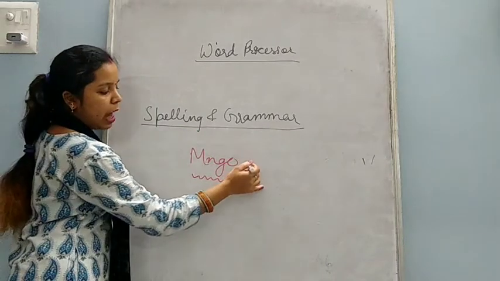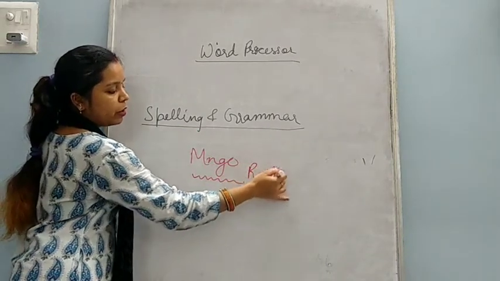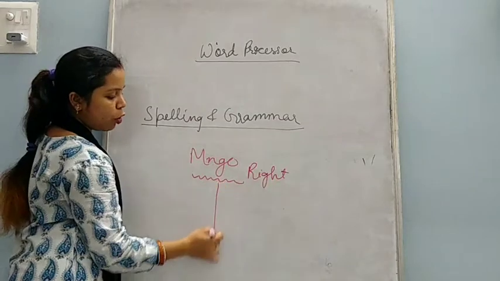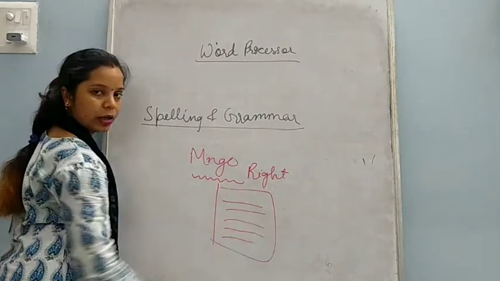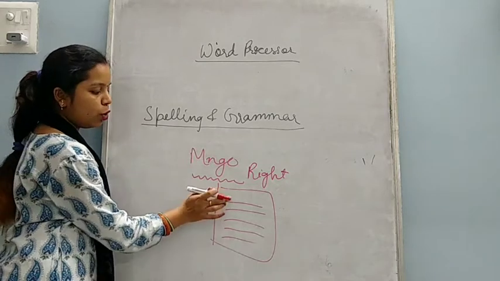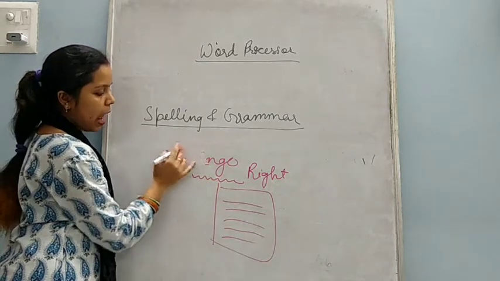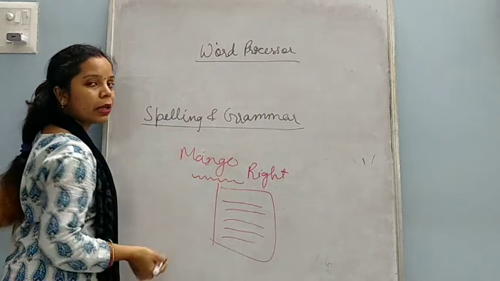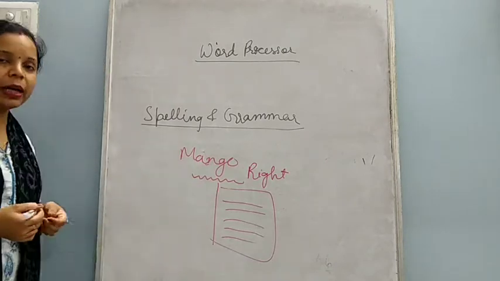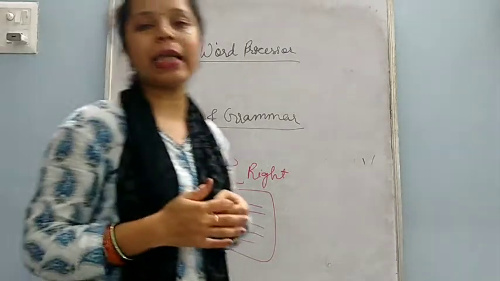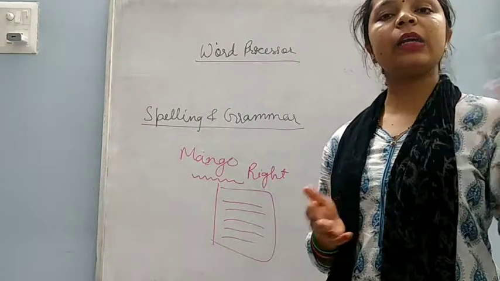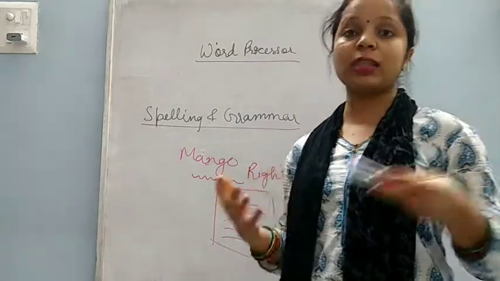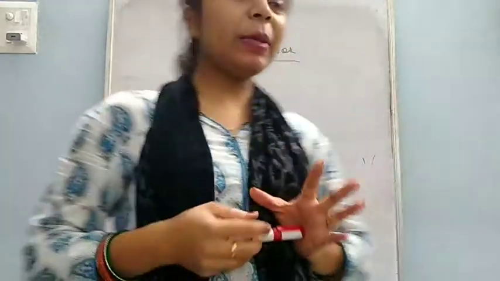So you right click on this word. When you right click, MS Word will automatically show you the correct spellings of that word, and you can select the correct one and your word will become correct. So any kind of mistake you make while typing, MS Word will automatically check it and correct your spellings also. This is a very good feature in MS Word.